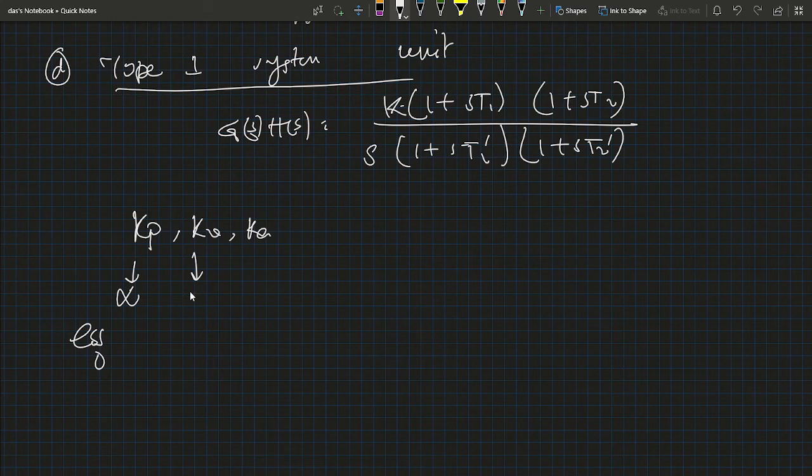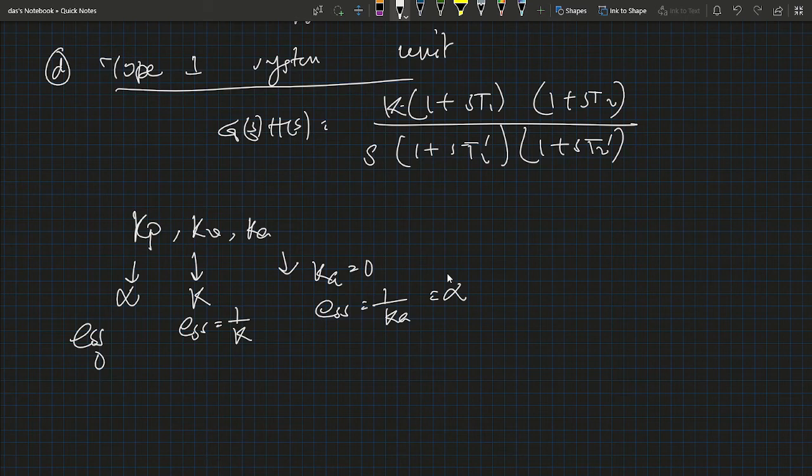Now for Kv, the velocity error coefficient equals K, and ess equals 1 by K. For a type 1 system the K becomes 0, and ess equals 1 by K, that is equal to infinity.